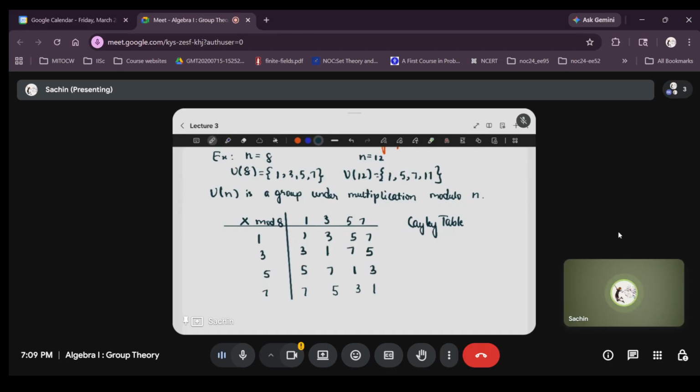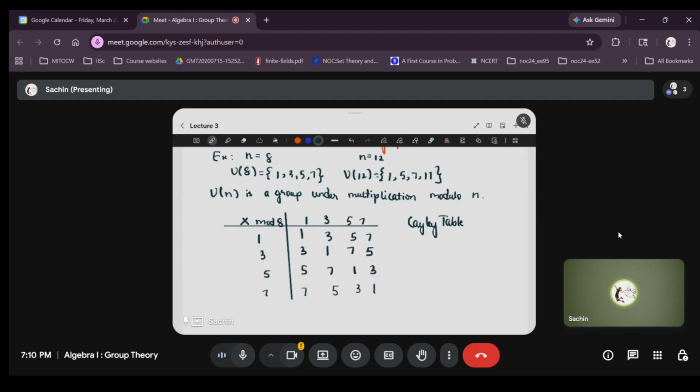So you can see that for any A and B in U of 8, A times B is an element in U of 8. So it is closed. And from the table, you can see that each element has an inverse because 1 occurs in each row. So 1 times 1 is 1.